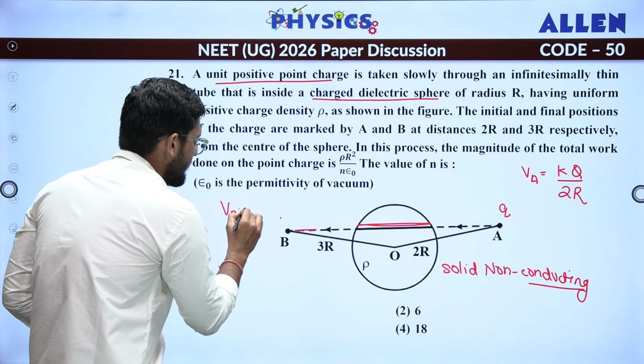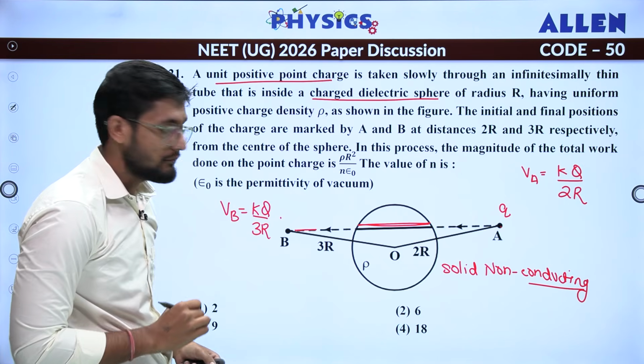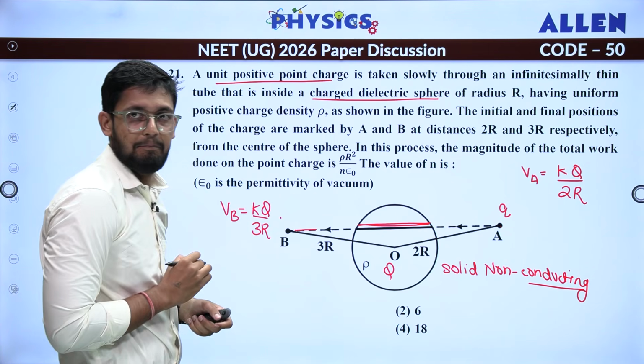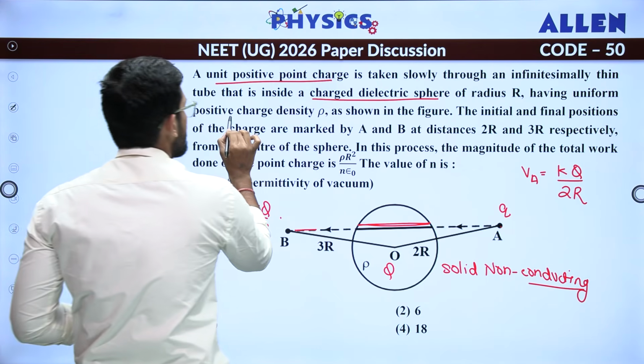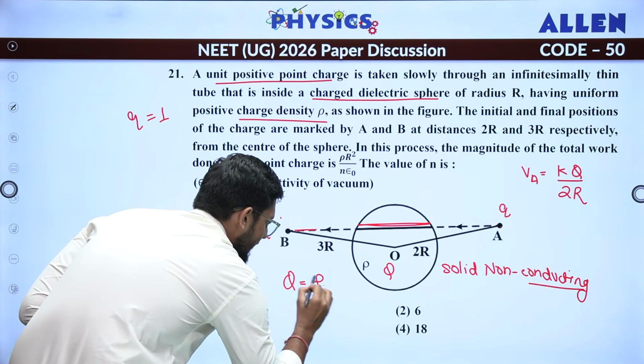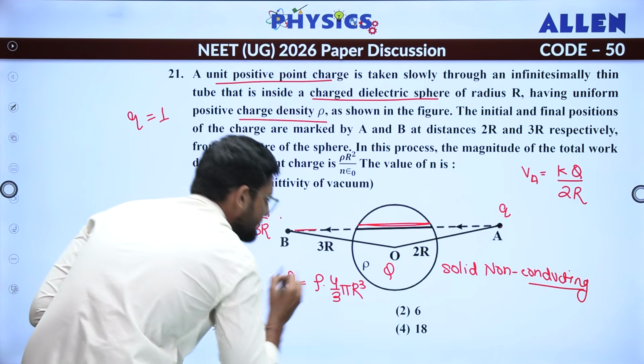Then VB will be equal to K Q by 3R. Now the value of Q, Q is the charge on this sphere. How will you write that? See, charge density is given to you. So you'll write Q as rho times 4 by 3 pi R cube.